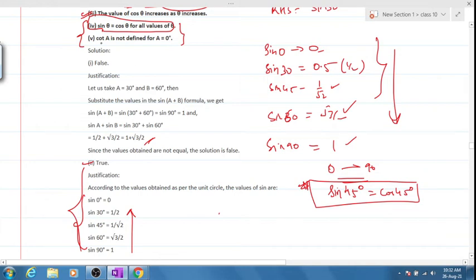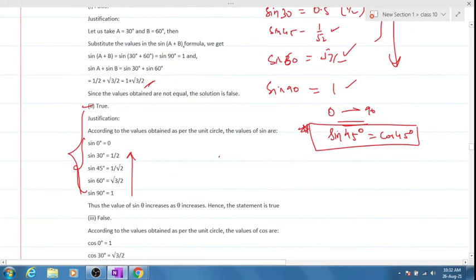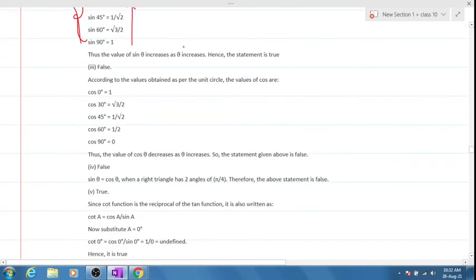And the fifth one. True or false? Sir, true. How much? True or false? Sir, true. Because, what reason will you give? You can go from tan also.